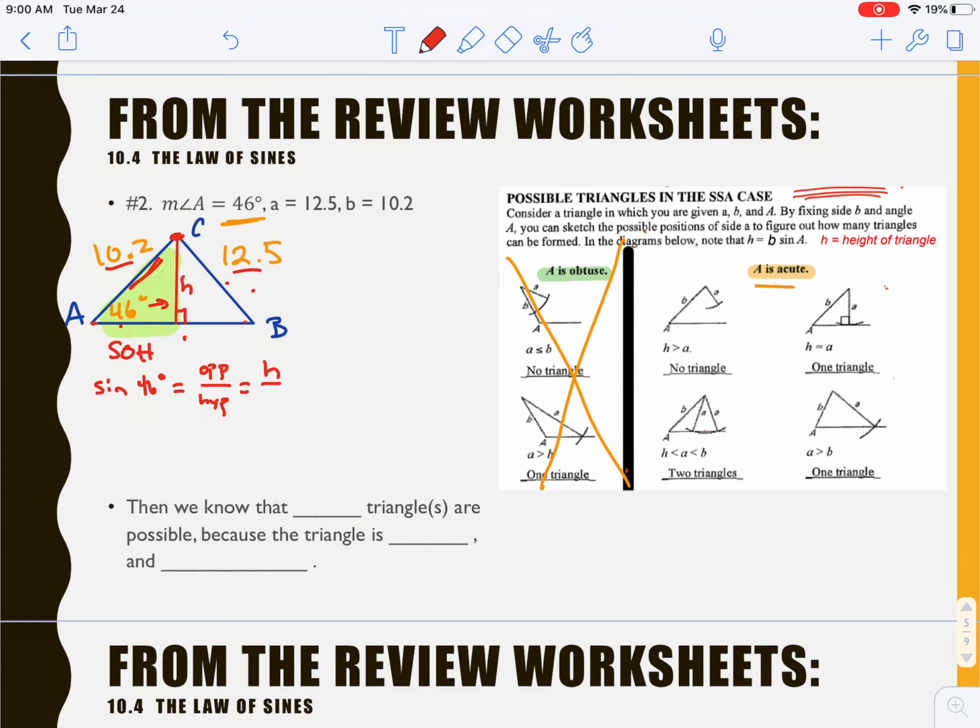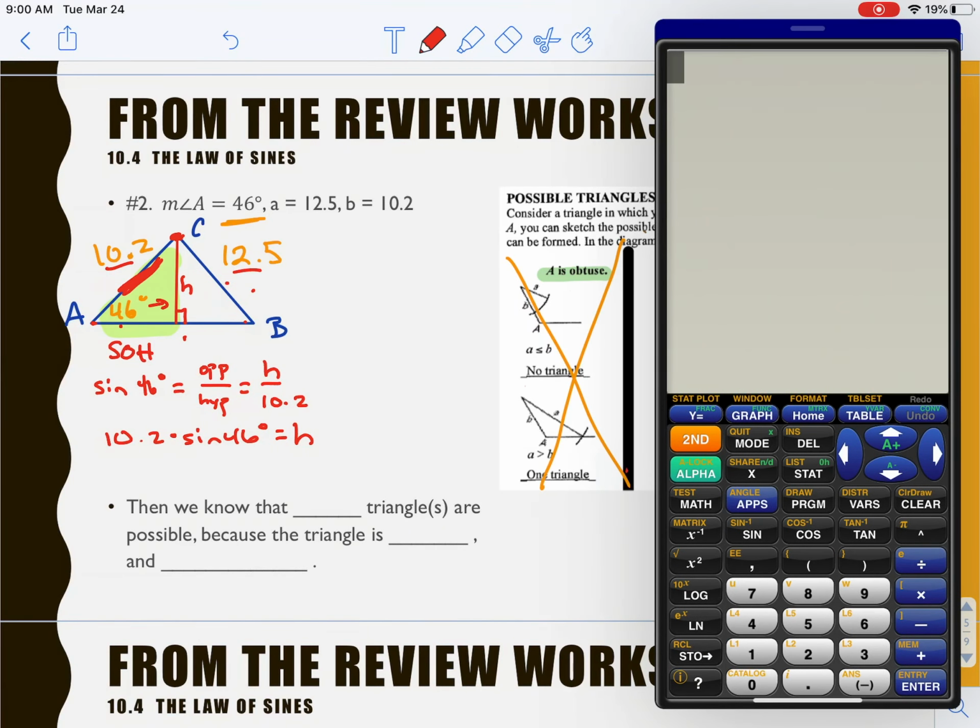And the hypotenuse of this triangle, the long side, is 10.2. So 10.2 times the sine of 46 degrees is equal to h. I just multiplied both sides by 10.2. I can grab my calculator, and I get that the height is equal to 7.3.